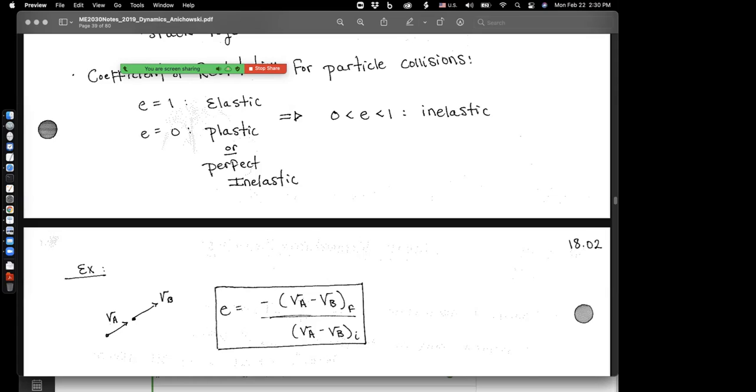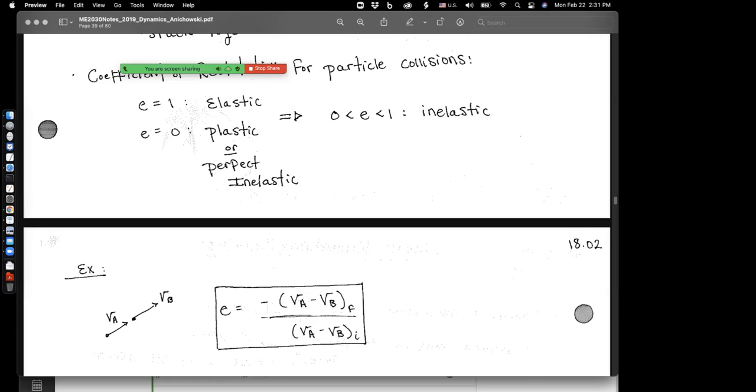And then if the denominator is the approach velocity, the numerator with a negative sign is the velocity with which they go away from each other after the collision. So if you write it in words, you can write the denominator as the velocity with which the two objects approach each other, the rate at which the two objects are coming together, and the numerator is the rate at which the two objects are going apart.